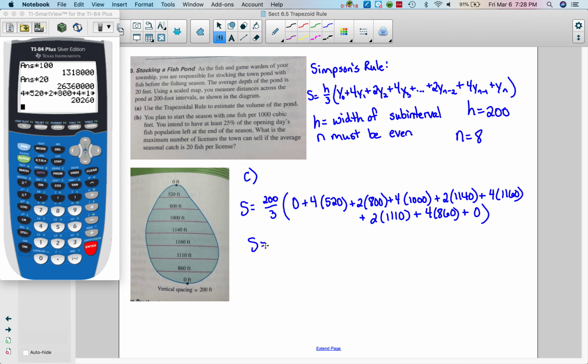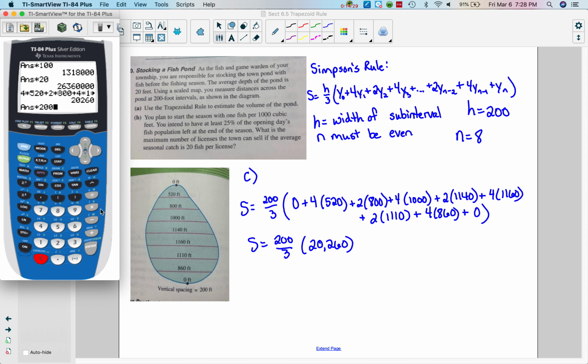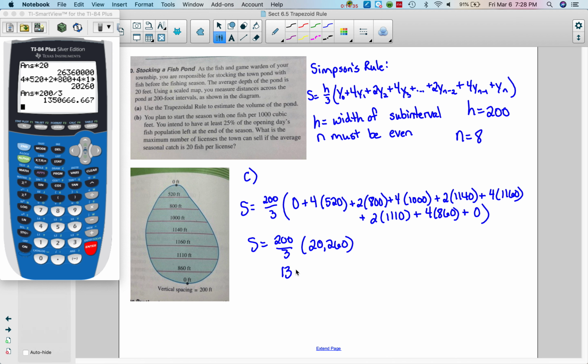All right, so this 20,260 is what I got when I did this sum here. So I still have to take that and multiply by 200 over 3. So I'm going to multiply by 200 and divide by 3. And I get 1,350,666.6 repeating. So I could just kind of round that because this is an approximation, remember.